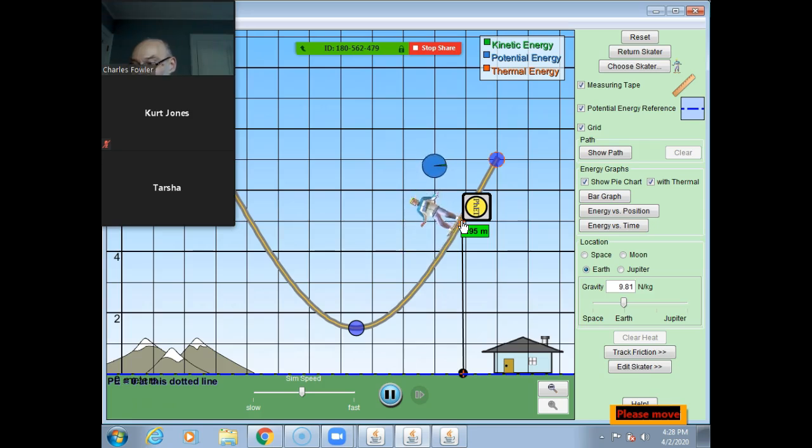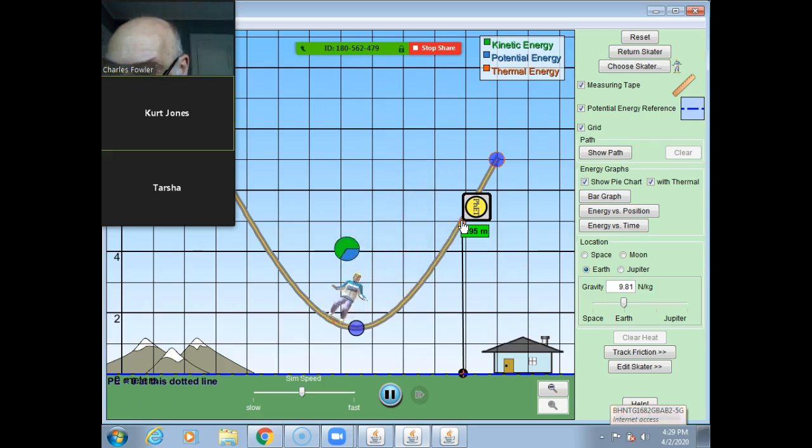So what would be his mechanical energy at that height? What is mechanical energy? Anybody remember? Does anyone remember? I said we'd be using it today. Yeah, it's the sum of the potential and kinetic. Potential was up there.